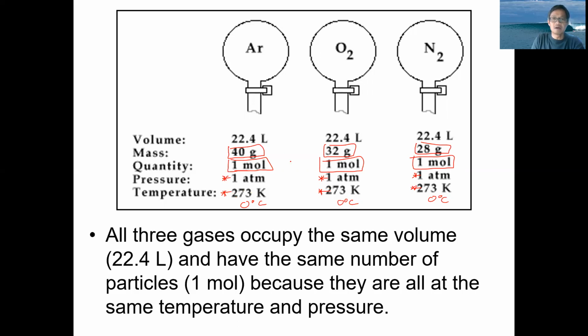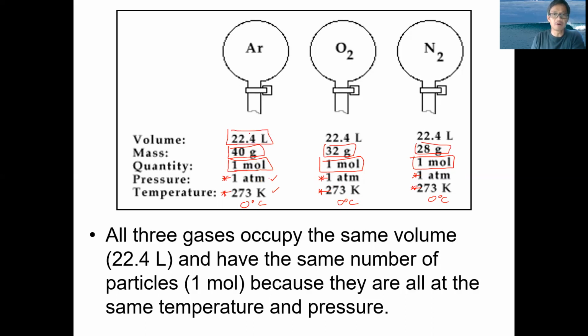If we measure out the mass of 1 mole of each of these substances, we get these masses right here. And what do you notice here, folks? The identity of the gas differs, so we have 40 grams of argon here, but at this temperature and at this pressure, that 1 mole will occupy this volume.